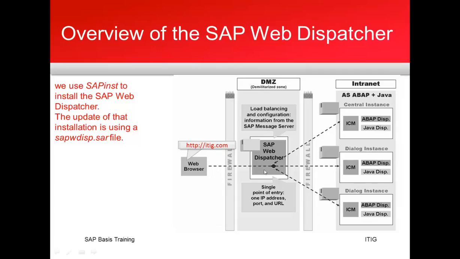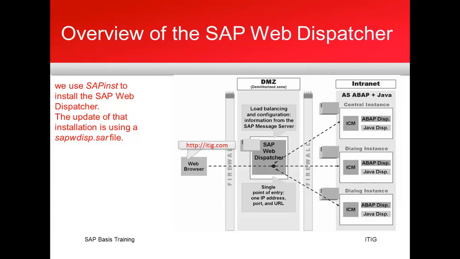Now here you can see that this SAP Web Dispatcher is placed separately in this particular DMZ zone, and it is showing how the web dispatcher is talking to an AS ABAP plus Java system, or only an ABAP system.